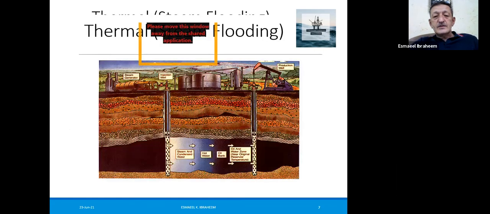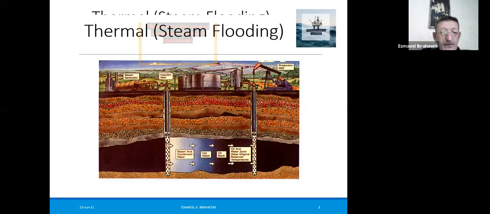This is a diagram that shows the operation that happens down in the reservoir, and at the same time shows you the facilities required for this operation. Here we will need a steam generator. If you look at the screen, you can find it on the left side. Then we inject this steam into the well.